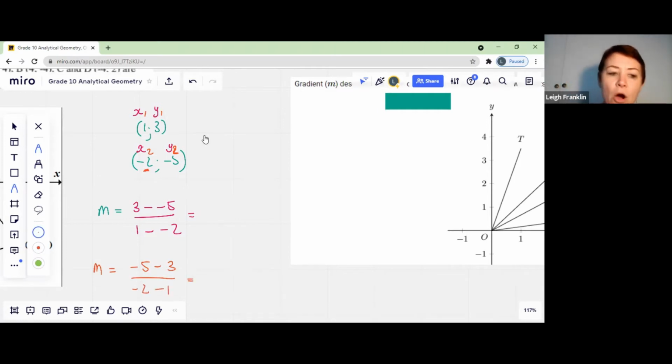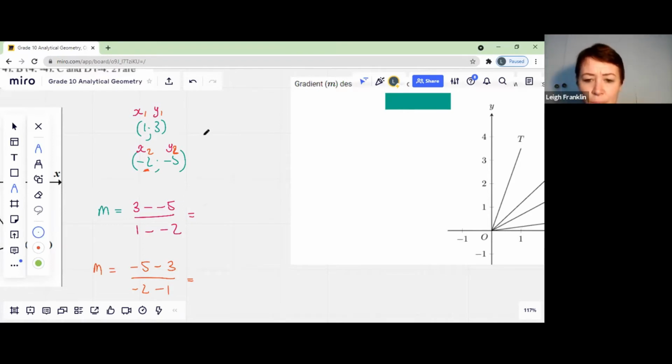Now let me compare my answers. 3 minus -5 is going to leave me with what at the top, Nzole? What am I going to have in my numerator? When you subtract a negative, you're going to be adding.